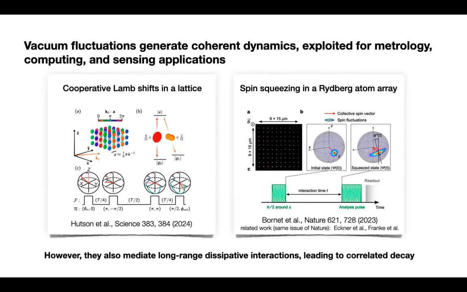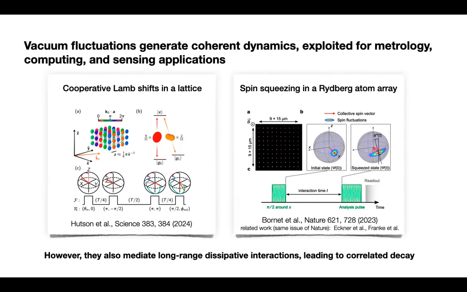Okay, so these are two examples of many where the vacuum mediates coherent interactions, but it also means that, because there are these coherent interactions, naturally there also have to be dissipative interactions. And these dissipative interactions may also be long range. Once you have that, this is going to lead to decay.